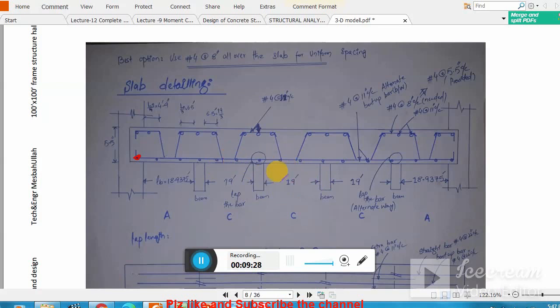You can provide the bars in both directions, because the moment loading is the same either in LA direction or LB direction.